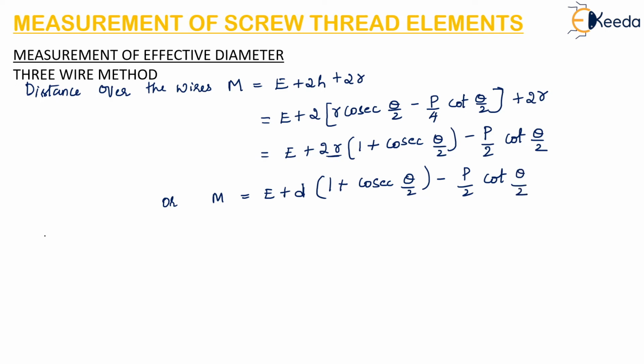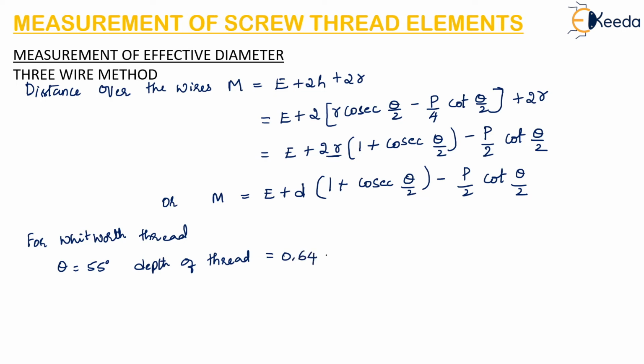Here 2r is replaced by d, that is the diameter. For Whitworth thread, the theta value will be 55 degrees and the depth of the thread will be 0.64 P. Depth of thread, that is the capital H value, is 0.64 P.